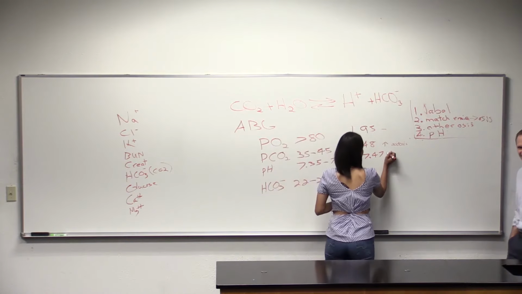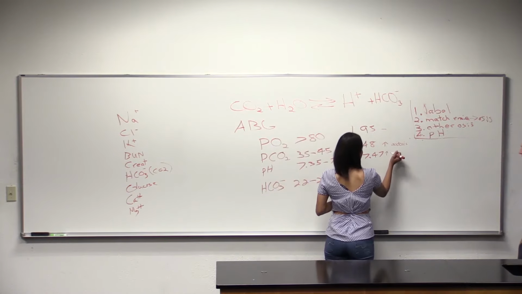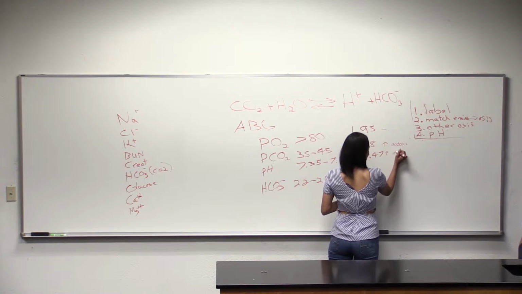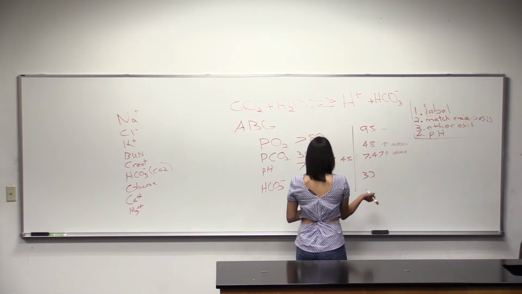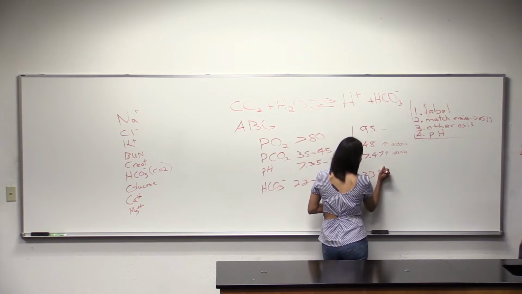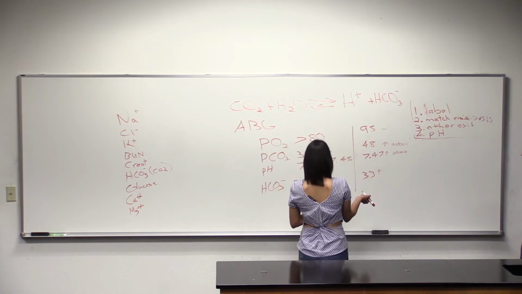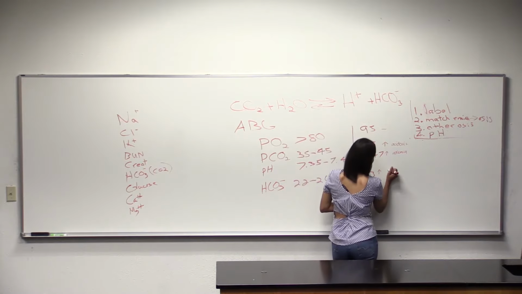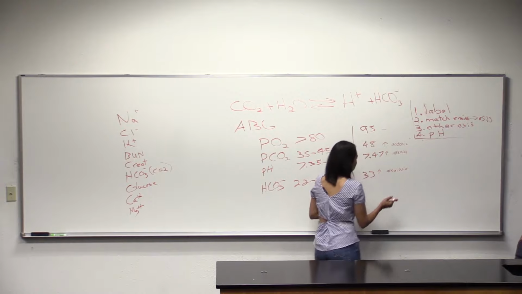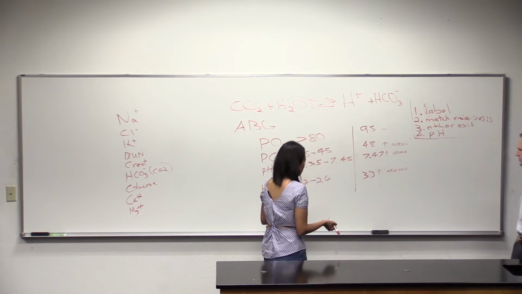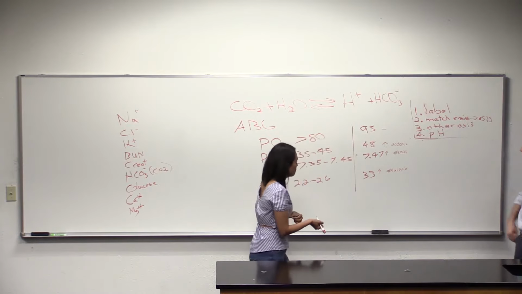And this is high, so this is a base, so it's alkalemia. So pH of 7.47 is high, so alkalemia. And this is high, and that's a base, so alkalosis. So bicarb of 33 is high, so metabolic alkalosis. Okay, don't forget to write down your words, respiratory and metabolic.